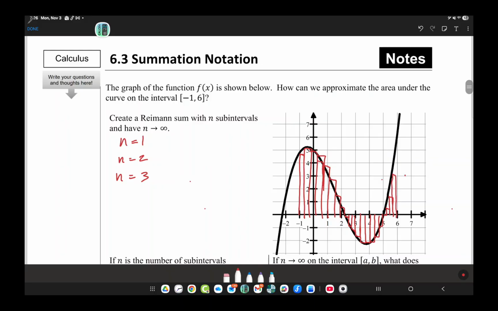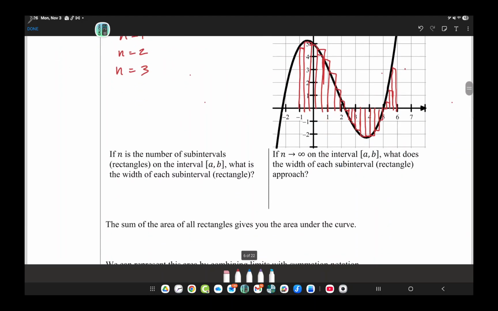So yeah, the more rectangles we have, the better the approximation is going to be. So the idea here is, how can I make the absolute best approximation? Well, that's when I have the number of rectangles be infinite. In that case, it becomes less of an approximation and more of the actual value.